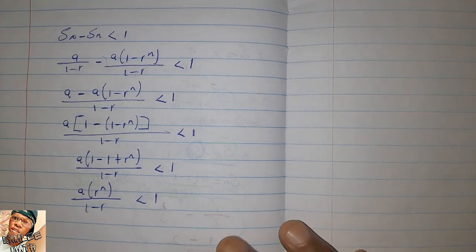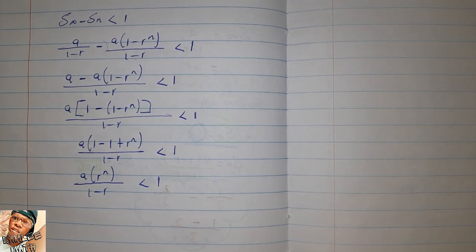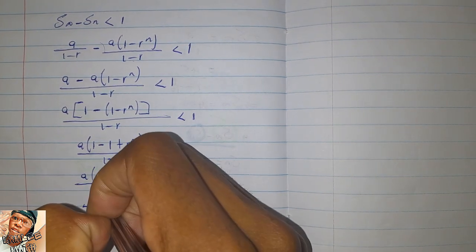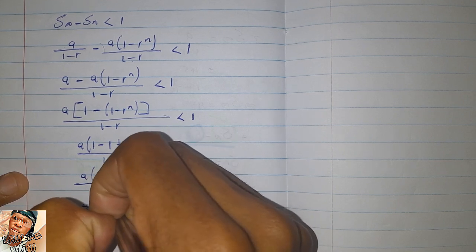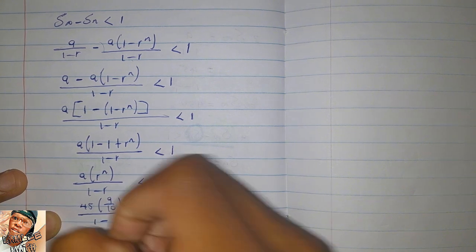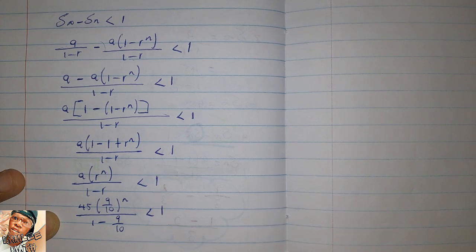Now at this point we can substitute the value of a and the value of r. So we know that a was 45, and then what is r? r was 9 over 10, and then to the power n divided by 1 minus 9 over 10. This whole thing is less than 1, right?